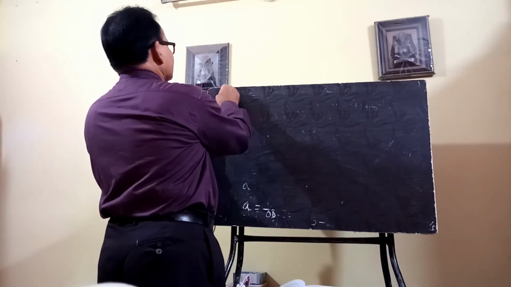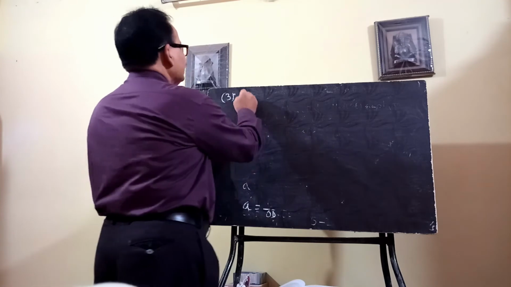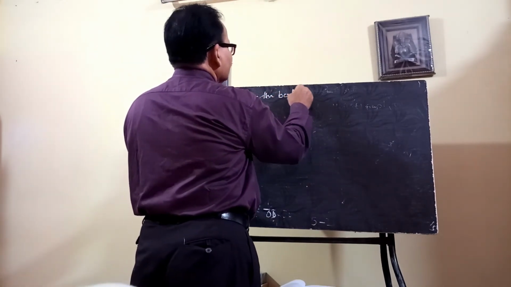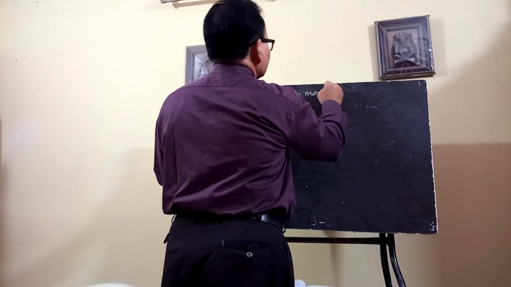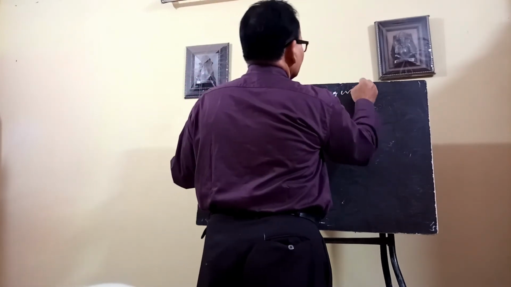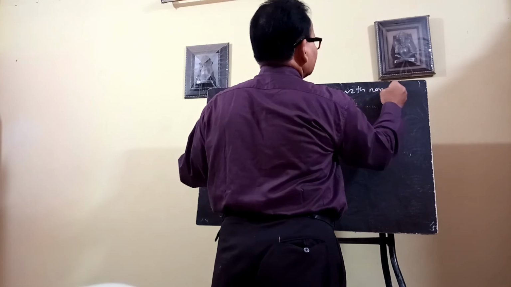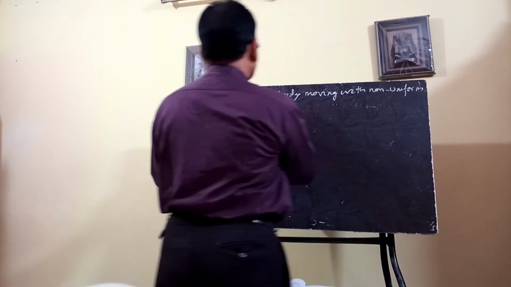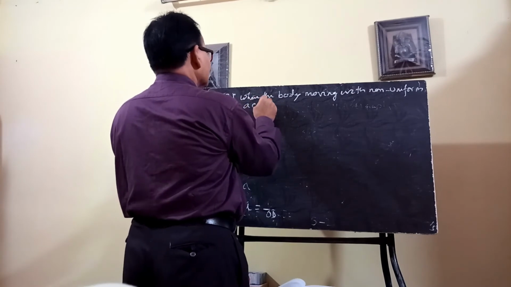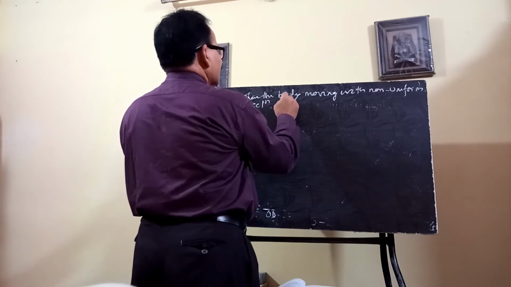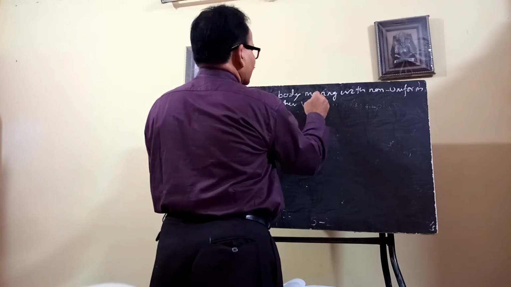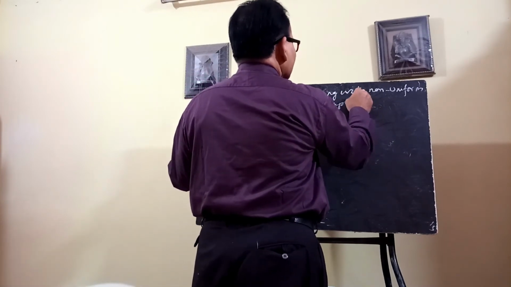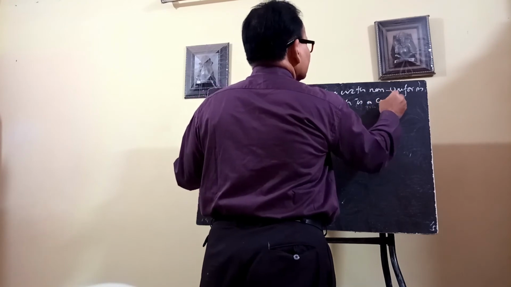So now the third case. When the body is moving with non-uniform acceleration, then the velocity time graph is a curved line.